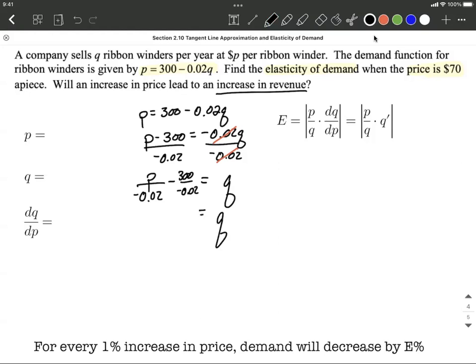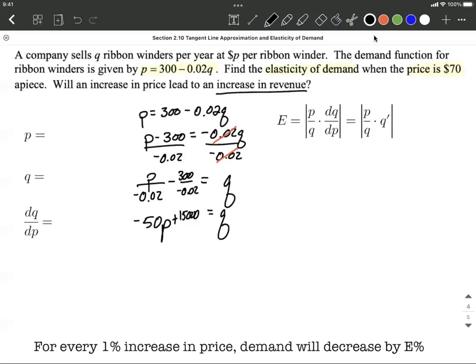This will simplify down to negative 50P plus 15,000. All right, so that's what we have for Q. I'll clean this up and make it look a little nicer, but that's representing Q. It's just rearranging that demand function that was given to us.